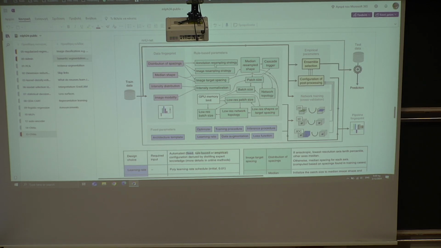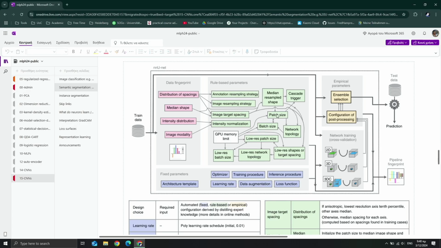Then it makes some hard-coded choices about how to resample the spatial dimensions, and all kinds of things about what's a useful patch size, what's a useful batch size, and so on. You see, these are the many hyperparameters or the many user design choices that you have to make when you train a neural network. So a very powerful set of architectures, but very many choices to make.